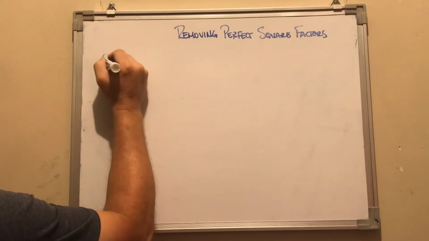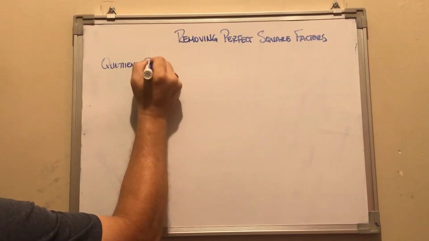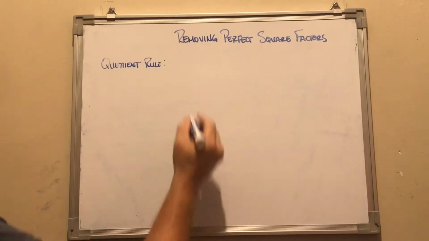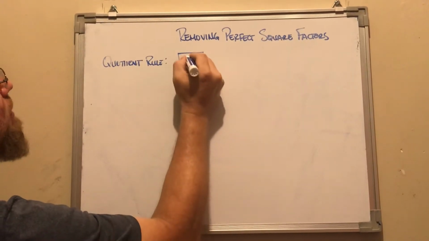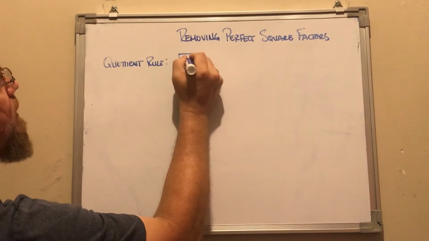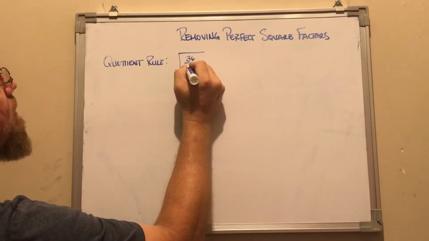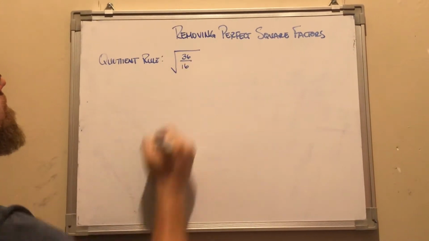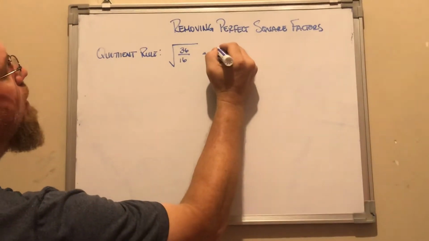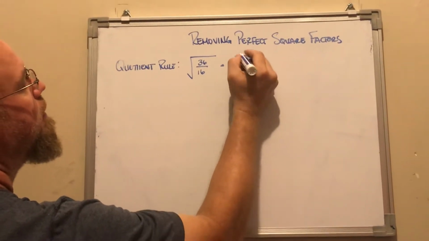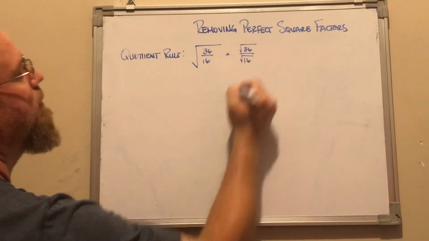So we had the quotient rule. And the quotient rule said that if we had a radical that was a fraction, so let's just say 36 over, let's just do 16, we can actually split that up to where the numerator is a radical, and that's divided by the denominator that is a radical.